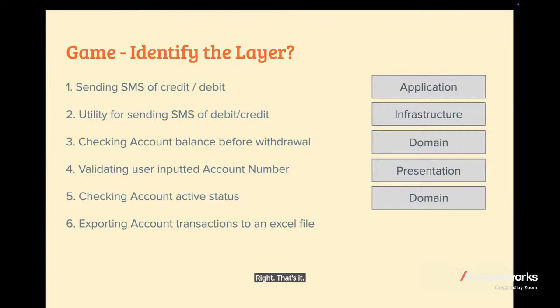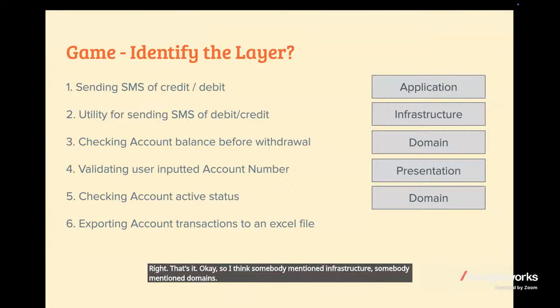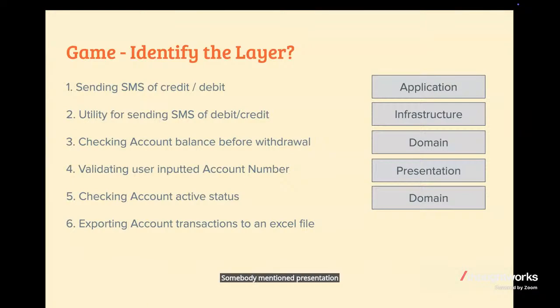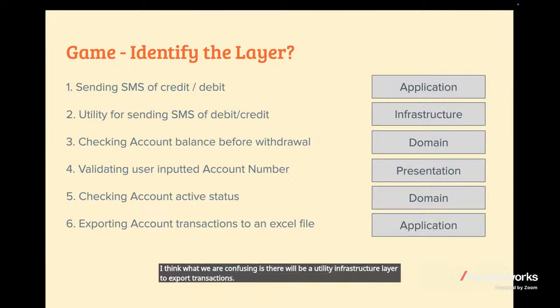Okay. I think somebody mentioned infrastructure, somebody mentioned domain, somebody mentioned presentation. Infrastructure, yes, sir. Go on. Okay. So I think this is an application layer concern. What we are confusing is that there will be a utility in the infrastructure layer to export transactions. That will be there.